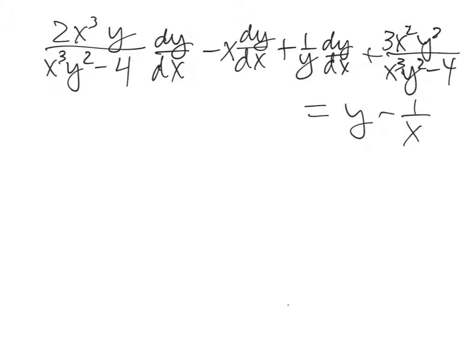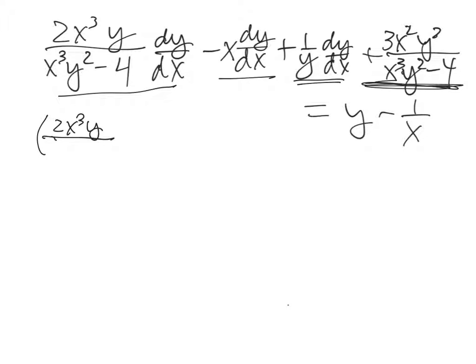Okay, so getting our dy by dx's all on one side, we subtract the x dy by dx, add the 1 over y dy by dx, and then we still have this term to subtract on the other side. We'll factor out the dy by dx as well. This is going to be kind of an ugly answer.